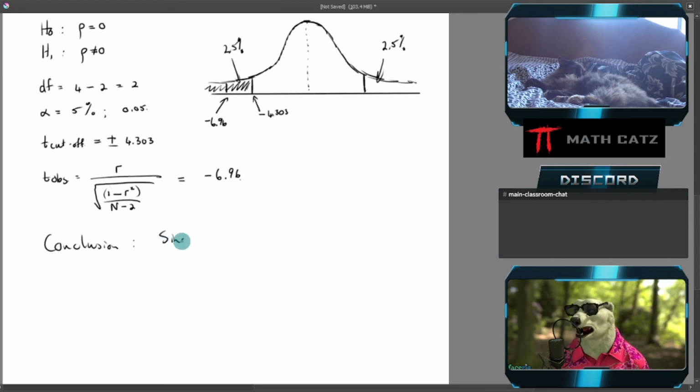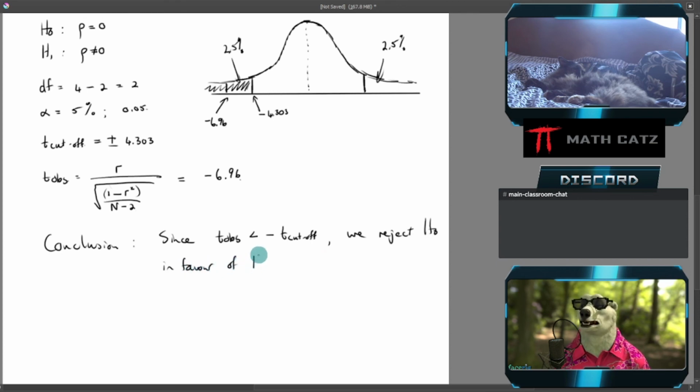So we can say something like, since t observed is less than the negative t cutoff, we reject the null hypothesis in favor of the research hypothesis.